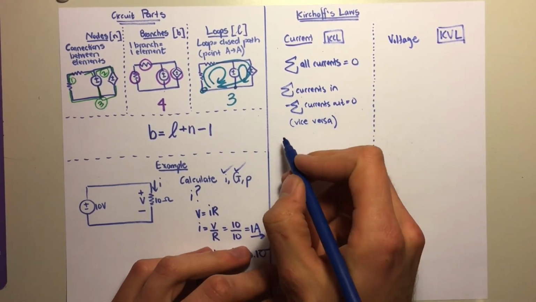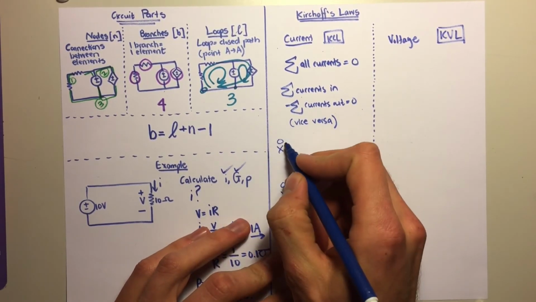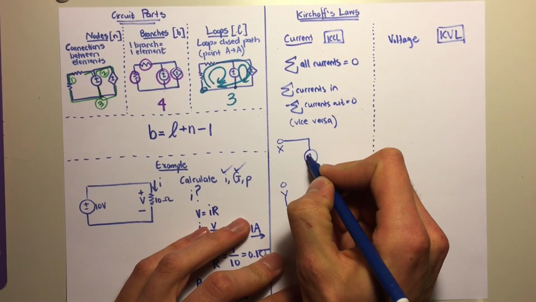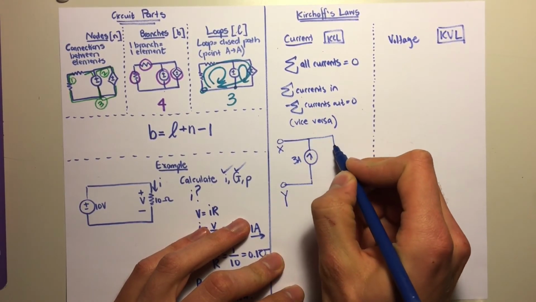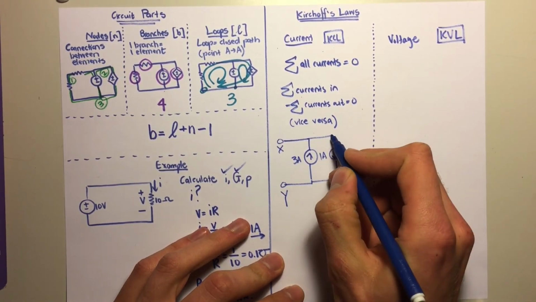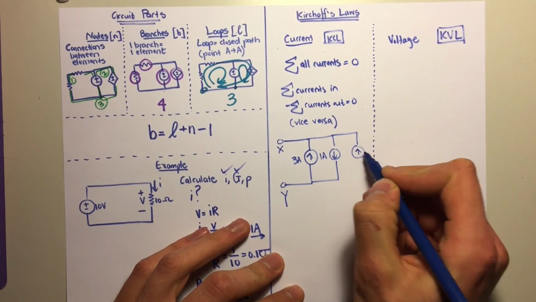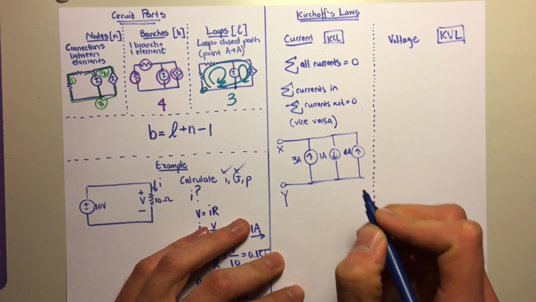So let's look at an example of this. Two points, X and Y, and we have some current sources. I'm just giving them some values. 4 amps, like that, let's say.